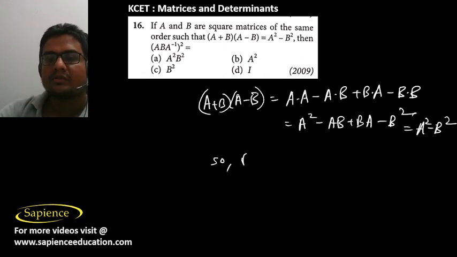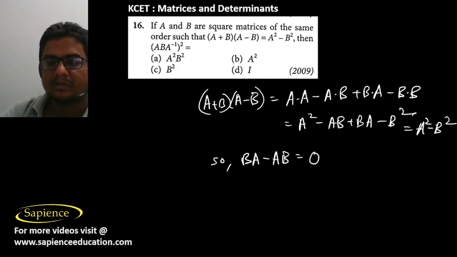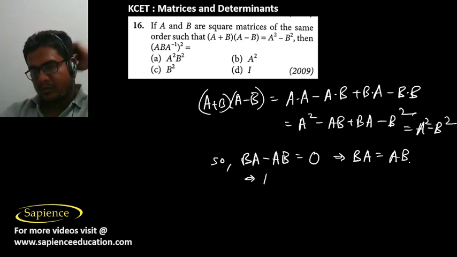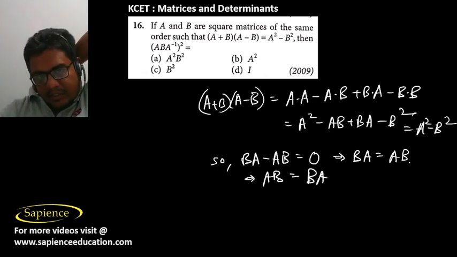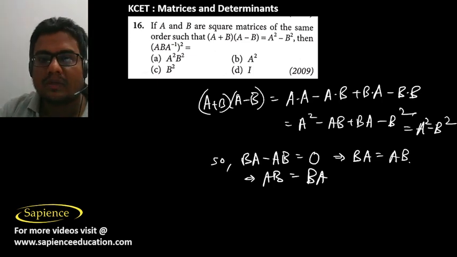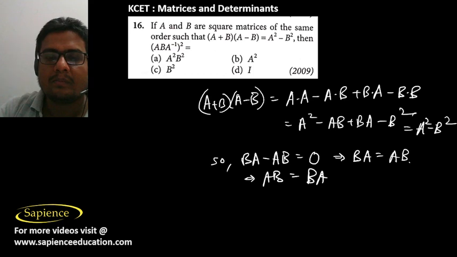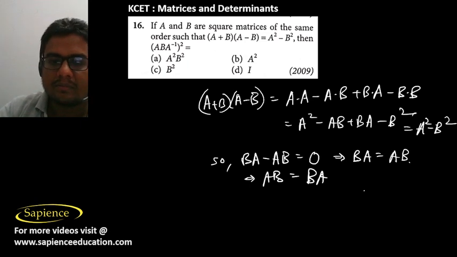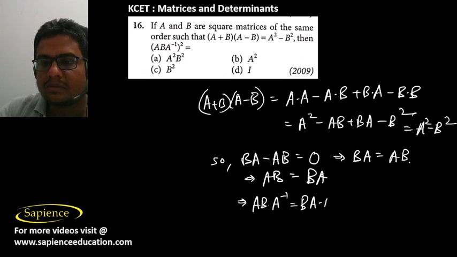So it means BA minus AB is equal to the null matrix. So it means BA is equal to AB. Now if we multiply with A inverse on both sides, AB into A inverse will be equal to BA into A inverse.